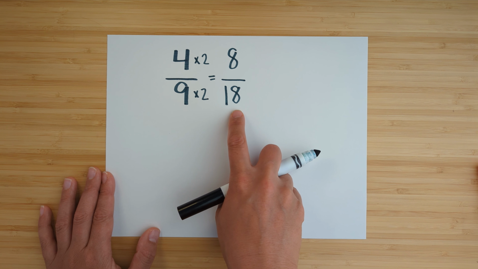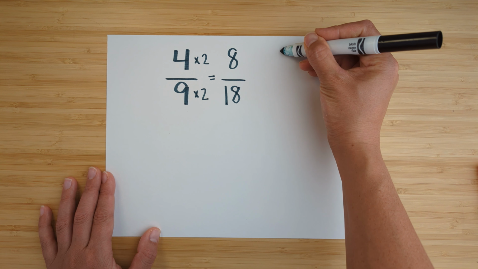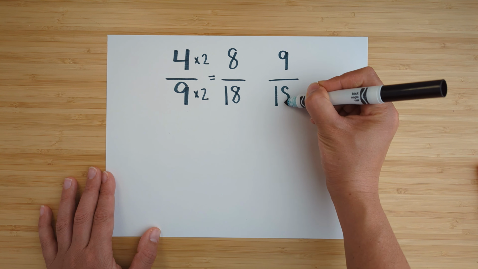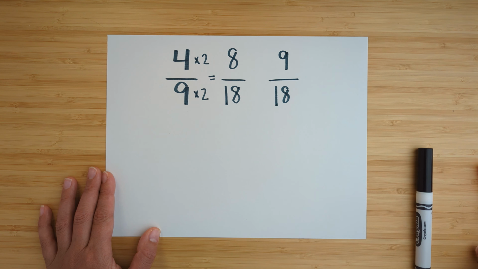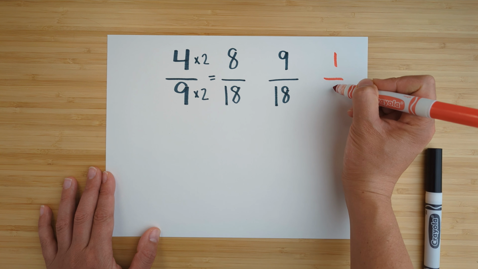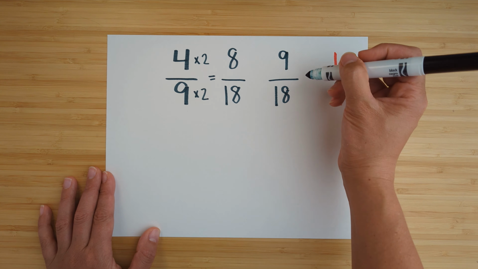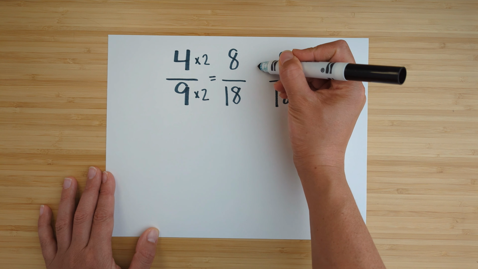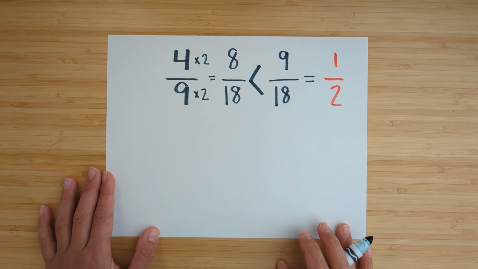What's half of 18? Half of 18 is 9. Keep the same denominator, 9/18. 9/18 is a fraction that's equivalent to 1/2. And now I can compare 8/18 to 9/18. 8/18 is less than 9/18.